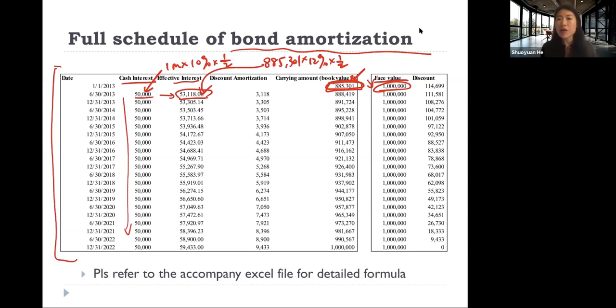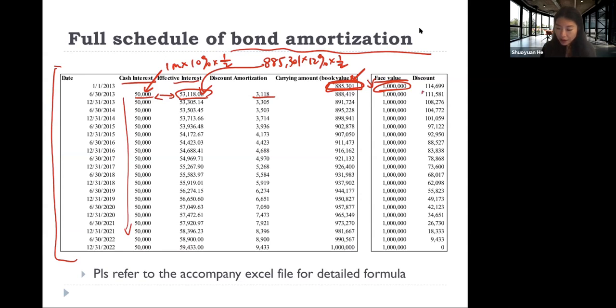So the difference is going to be 33,118. And this is going to amortize your discount account, or in other words, this is going to erase your discount on bond investment account.